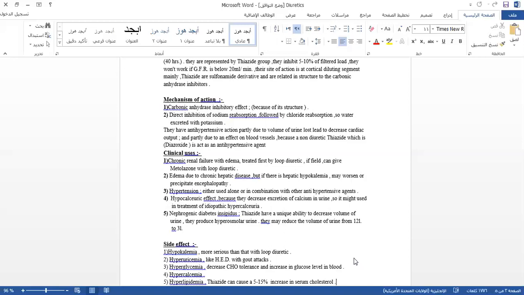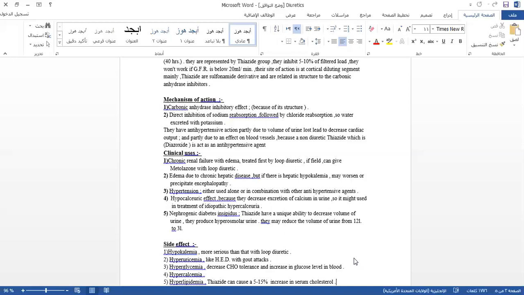Number five, nephrogenic diabetes insipidus. We mean here that there are two types, as we took in physiology: either central or pituitary type, or peripheral or nephrogenic type, due to absence of the antidiuretic hormone.